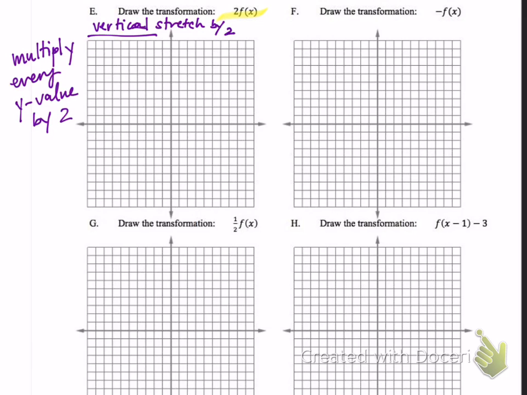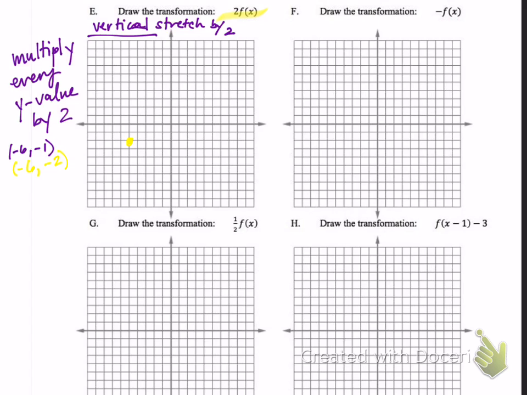And so if you flip to the first page, I have them. I can write out the ordered pairs. If the first one is -6, -1, my new ordered pair, if I multiply that y value by 2, it's going to be -6, what? -2. So I'm going to put a point at -6, -2.